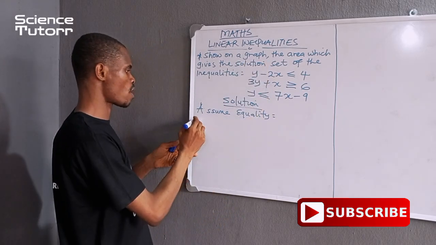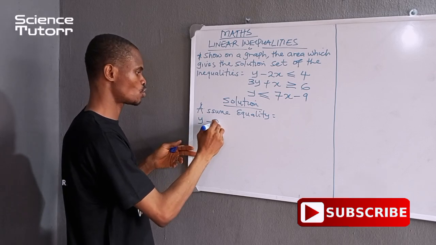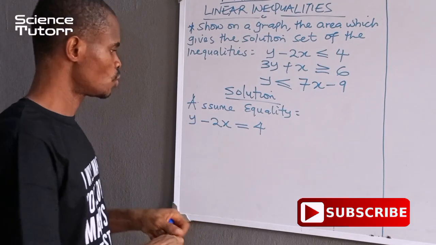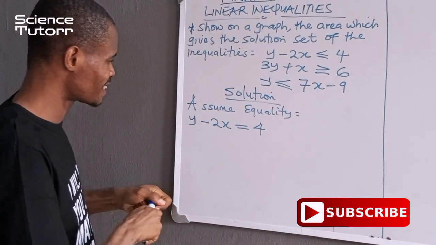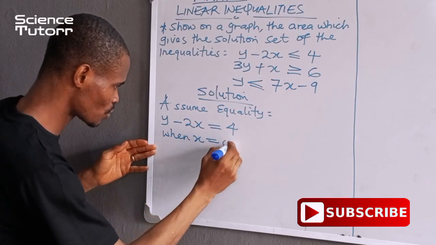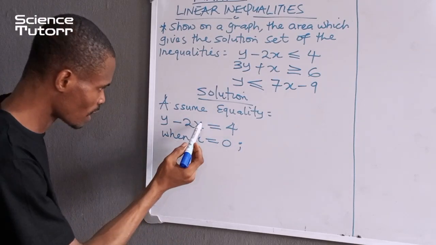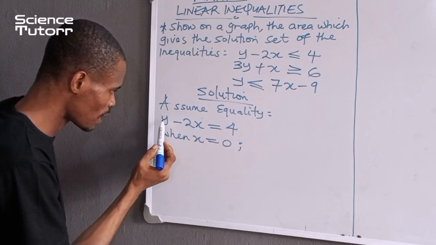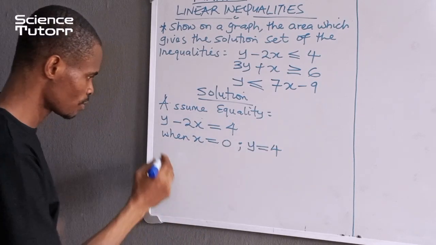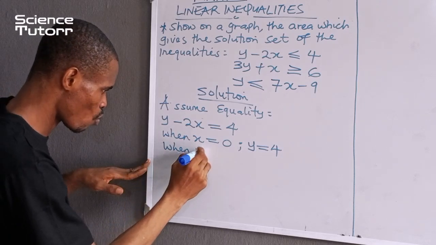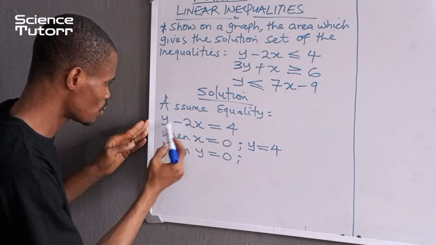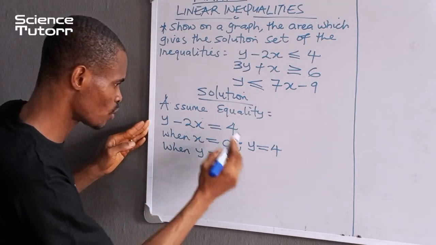So we pick the first one, y minus 2x equals 4. When x equals 0, automatically this becomes 0. That makes y equal to 4. When y equals 0, we have minus 2x equal to 4.